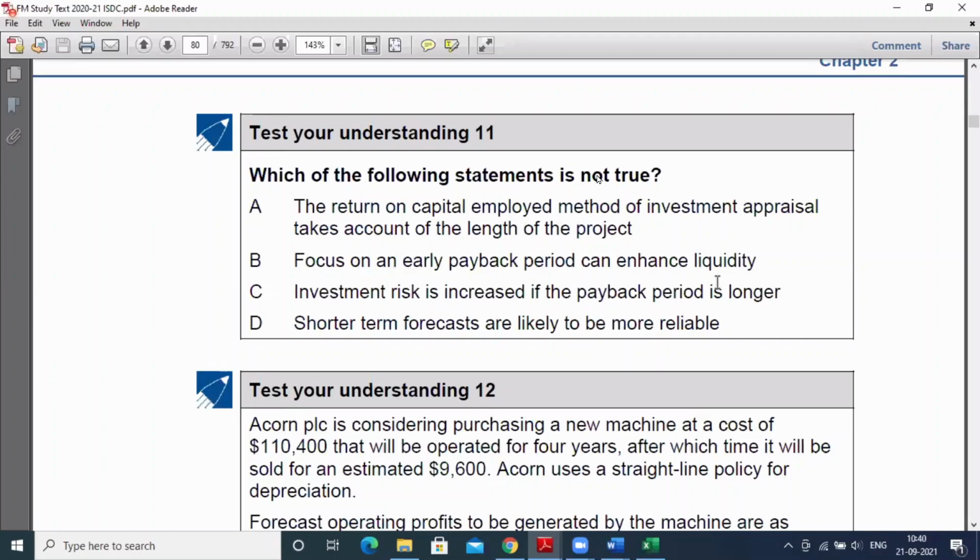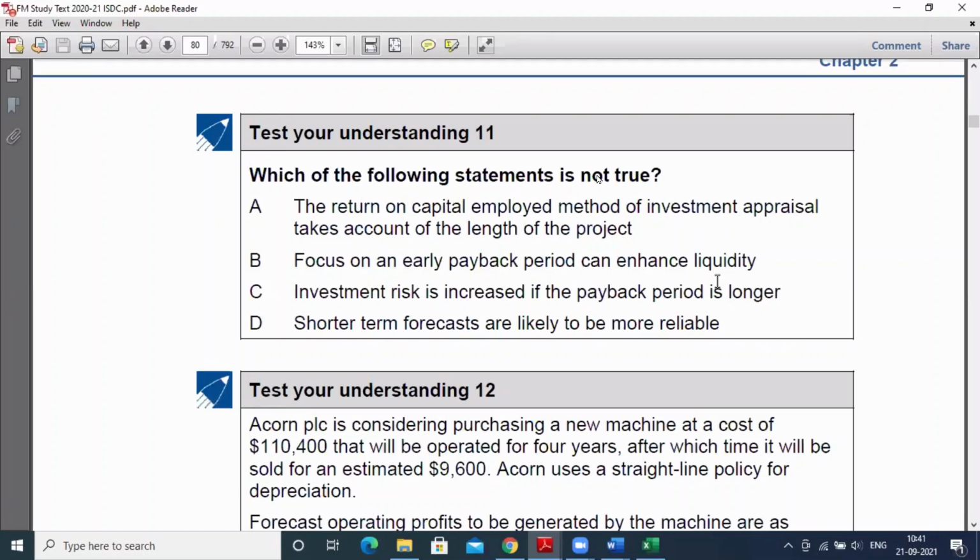And investment risk is increased if the payback period is longer. Let us assume the project payback period is 5 years, or the project payback period is 10 years.